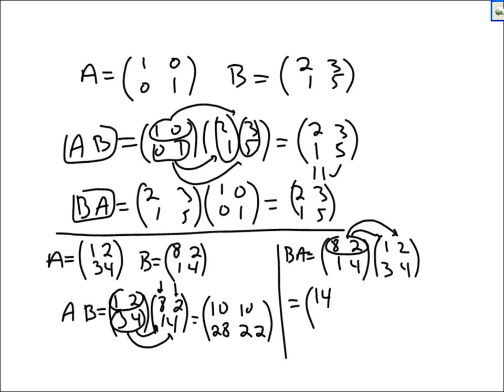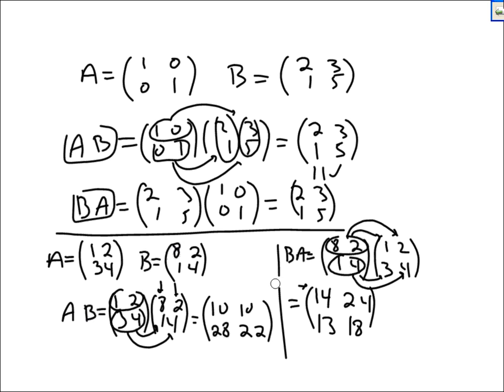First row with the second column. Get 16 plus 8, 24. Now you can say already they're not equal because 10 doesn't equal 14. Second row with the first column. 1 plus 12. 2 plus 16.